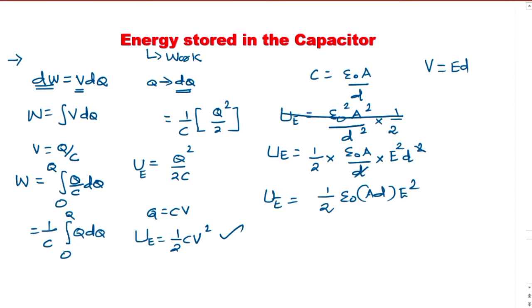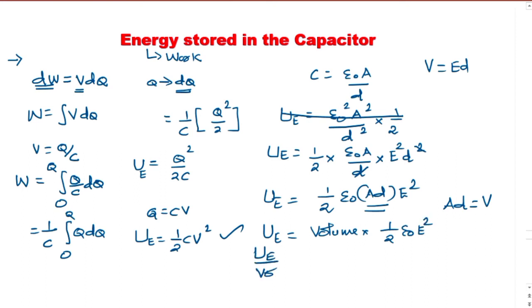This A into d is nothing but volume. Area into distance gives you volume. So energy is equal to volume into 1 by 2 epsilon naught E square. This energy divided by unit volume gives you the energy density, that is energy per unit volume, which is equal to 1 by 2 epsilon naught E square.